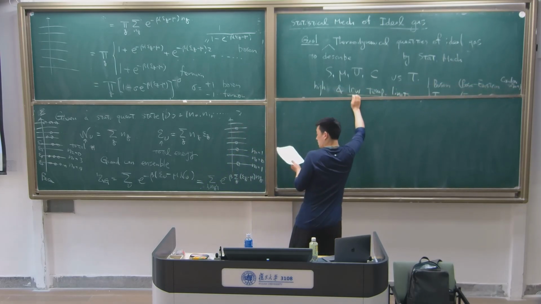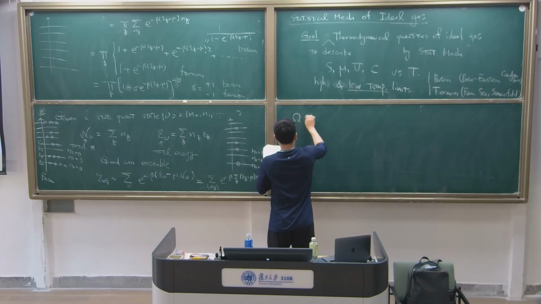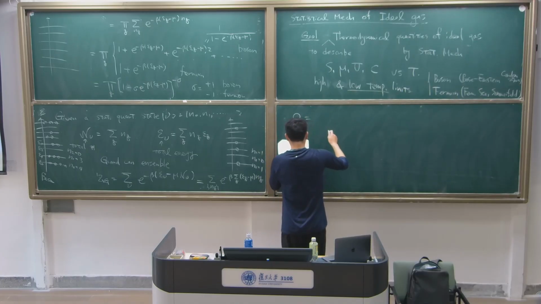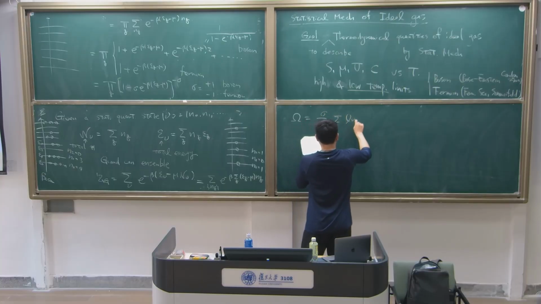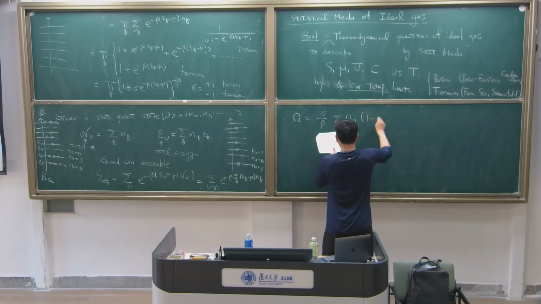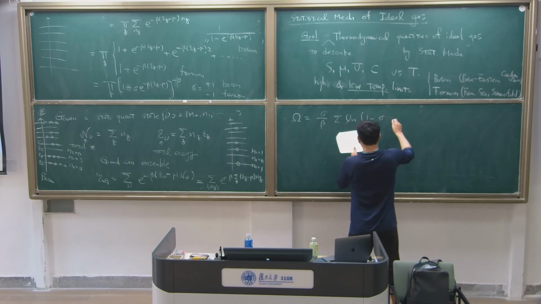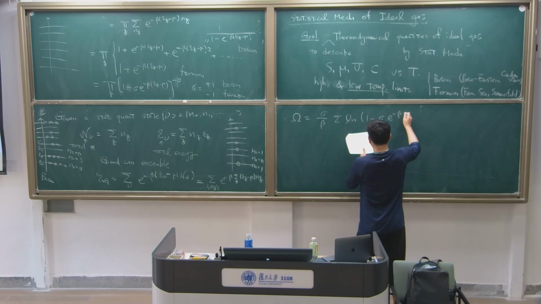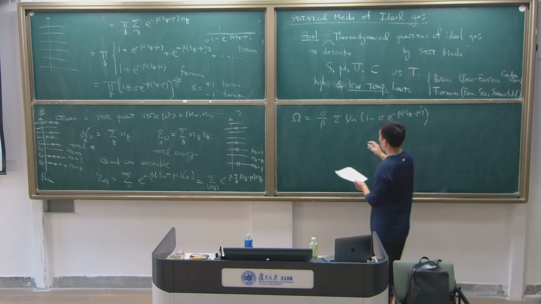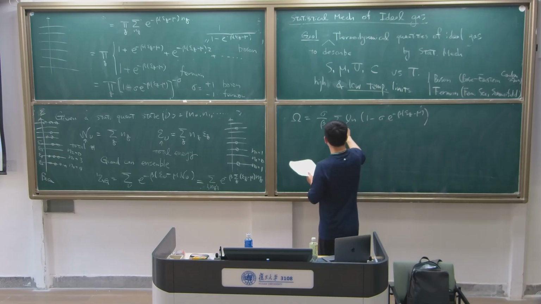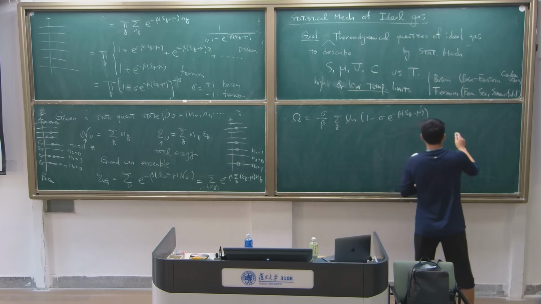The log of this is essentially minus sigma over beta, the sum over q of ln(1 minus sigma e to the minus beta (epsilon_q minus mu)). So this is the grand potential.